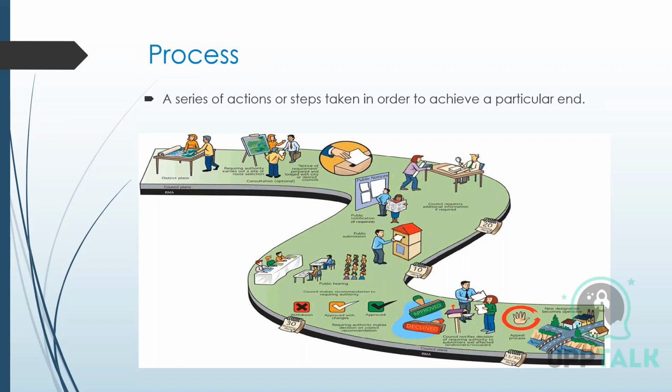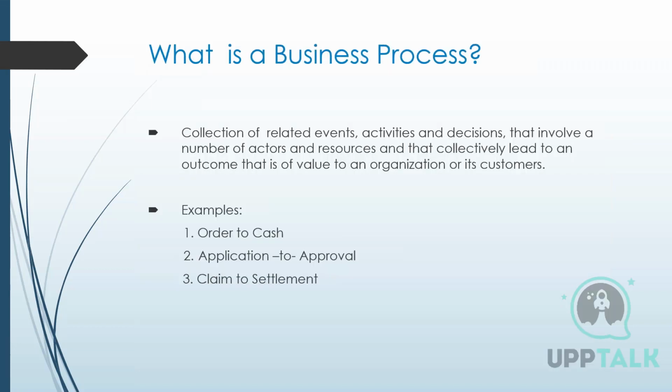Okay, so process is good. What about business process? Can I call every process a business process? Let's see. Let me read it out. A business process is a collection of related events, activities, and decisions that involve a number of actors and resources, which collectively lead to an outcome that is of value to an organization or its customers.